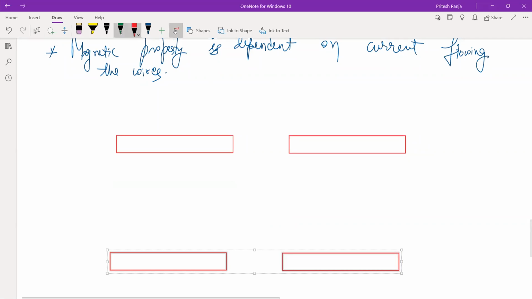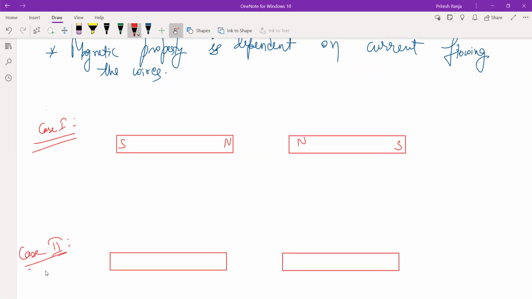Let us first see case 1. In this case, I arrange the magnets such that the two north poles are near to each other. In case 2, I arrange the magnets such that the two south poles are close to each other.